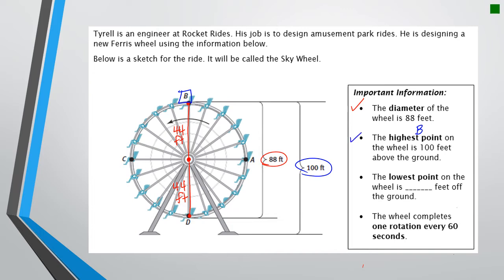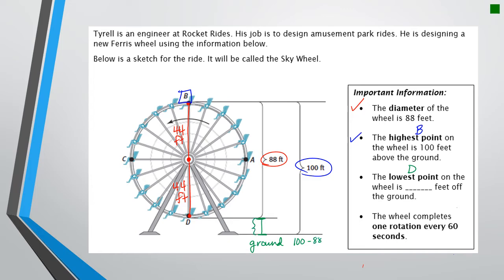The lowest point on the Ferris wheel is point D. Now in order to figure out how high off the ground it is, that would be this distance here, from the bottom of the wheel to the ground. The ground is down here. To figure out this distance, we would take the total height, so that would be 100 feet, and we would subtract the diameter of the Ferris wheel, and that would leave us just with this height right here.